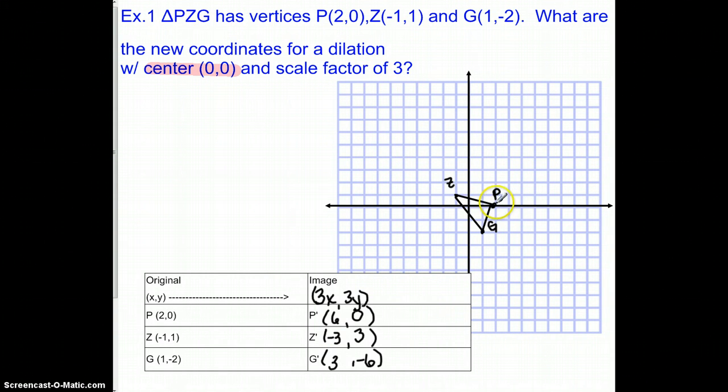So 6, 0 would be here. That's P prime. Z is -3, 3. And then G is going to be 3 and -6.